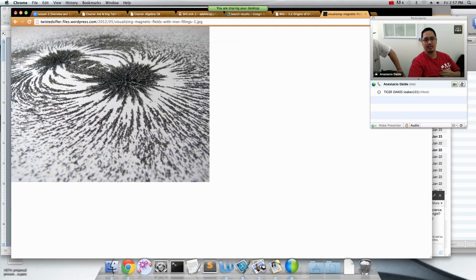Could you literally see it with your eyes? Yeah, this is actually what happens. How did we discover this? Well, some dudes were in the lab. They had a bucket of nails on the table. They turned on these giant magnets, and all of a sudden the nails aligned themselves with the electric fields.